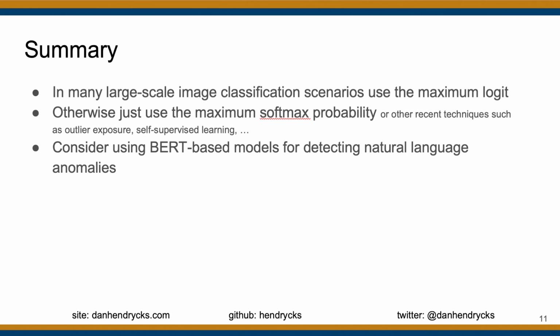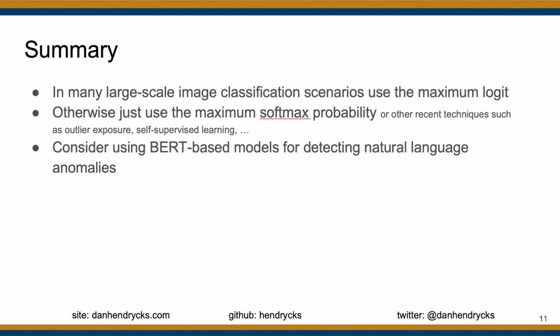So, in summary, I should like to suggest using the maximum logit when you've got large-scale images that fall into one of many classes, like say one of 1,000 classes or more. Or if you're needing to perform anomaly segmentation over natural images, then the maximum logit is a fairly straightforward baseline to use.